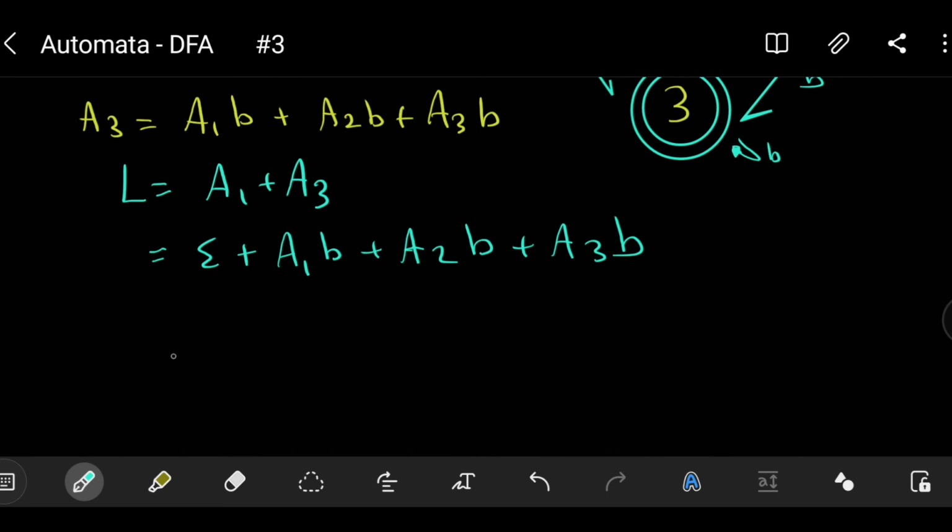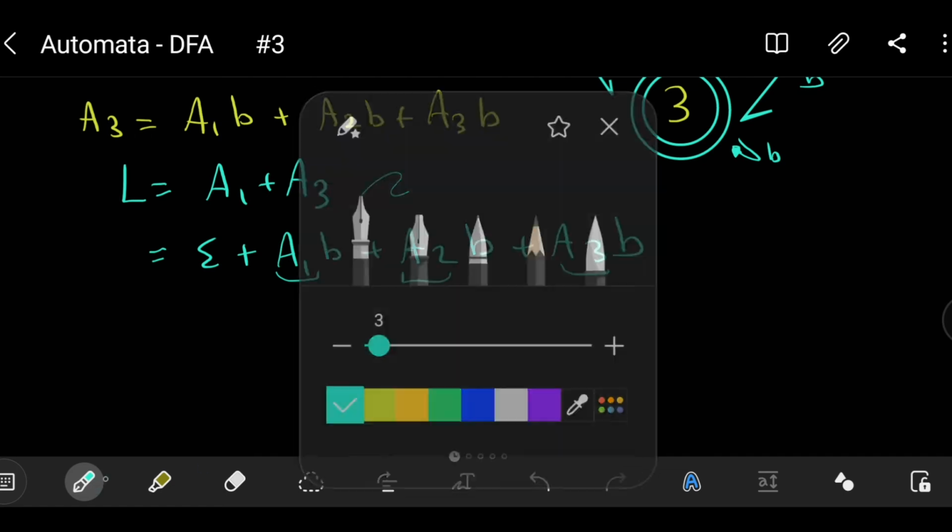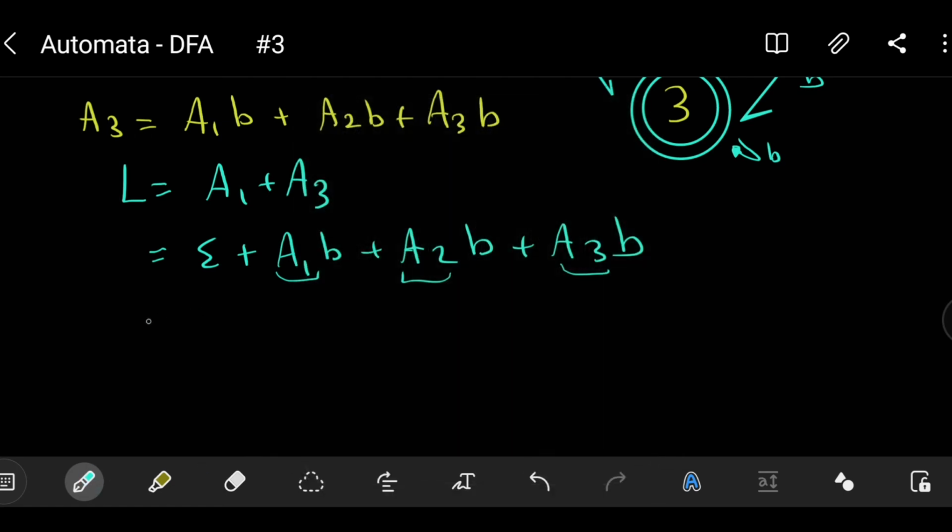Okay, so we need to get rid of A2 and make them in A3 and A1, and make them a product of A's and B's. So you remember here that epsilon plus B.